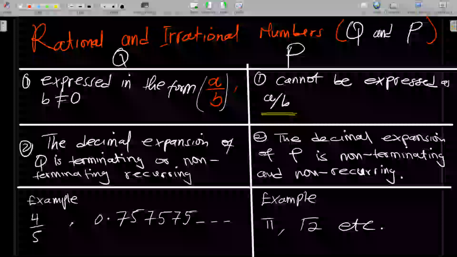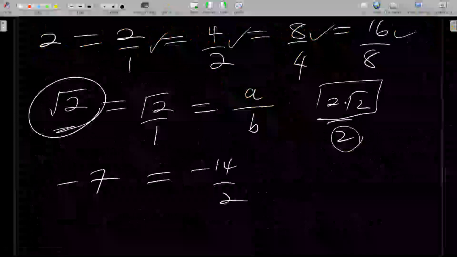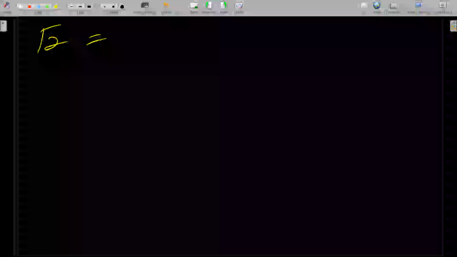But the decimal expansion of the irrational numbers, represented by p, is non-terminating and non-recurring. So what you can do right now is pick an example like square root of 2, pick your calculator and punch it. It will never end. You get different values. If you want, we can all try it on our calculator.